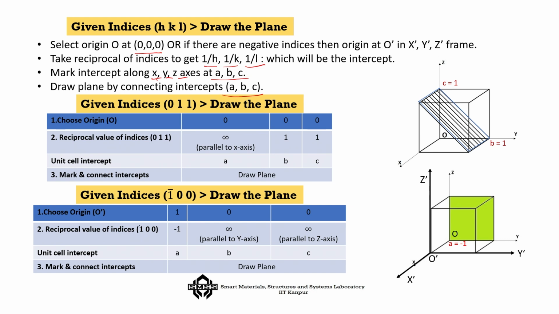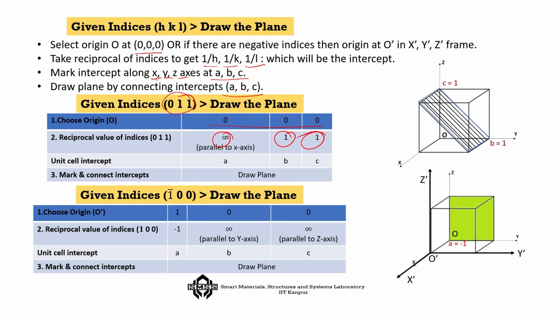So, for example, the index given to us is 0 1 1. Now, you are told to draw the plane. In this case, there is no negative 1. So, I take the origin as 0 0 0, and the reciprocal values will be infinity, 1 and 1. So, the unit plane intercept for such a case is such that it cannot intercept the x axis.